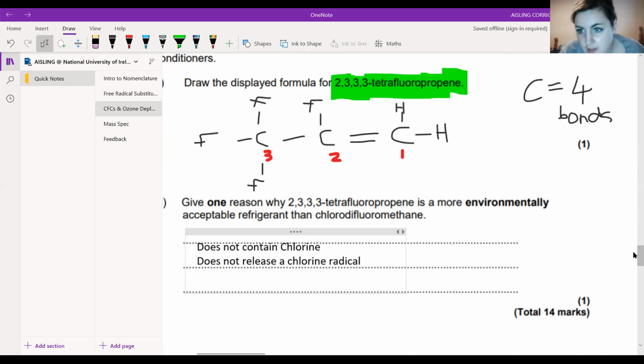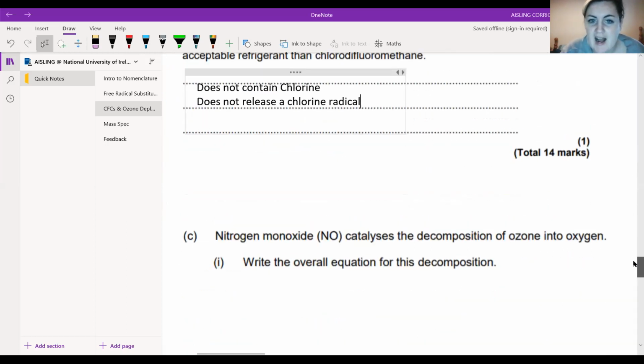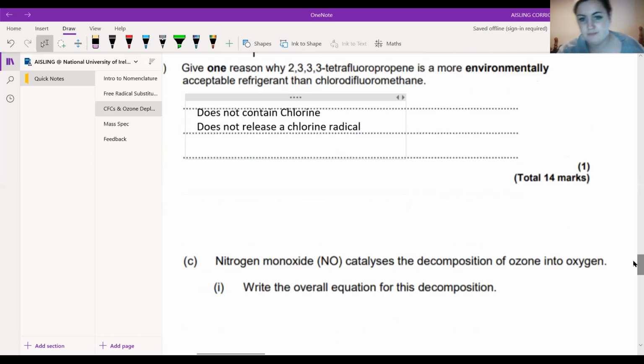Right. Next one. Aha, so our nitrogen oxide comes in. Write the overall equation for this decomposition. Nitrogen monoxide catalyzes the decomposition of ozone into nitrogen and oxygen. You need to know your overall equations.